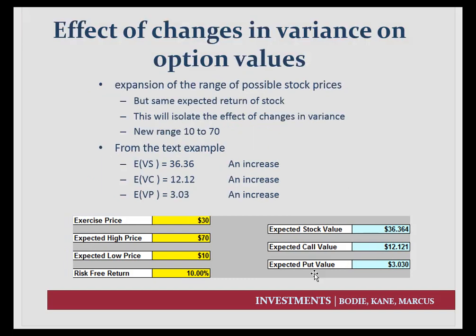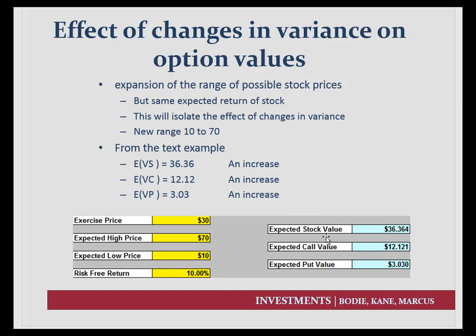What happens if we expand the variance? That is, what if we widen the possibilities? So we're going to use the same basis, the same kinds of information, except instead now of going from 10 to 50, we'll go from 10 to 70. Everything else stays the same. What happens then to the values of our opportunities?